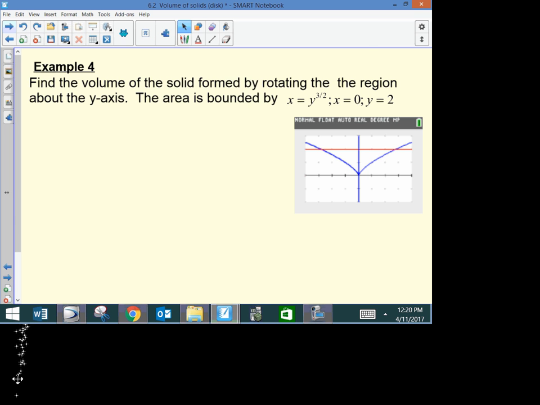So area equals, that's blue. It's got to be the curve right here. Okay, x equals 0. Where's x equals 0? The y-axis. And then y equals 2 is the red one, right?